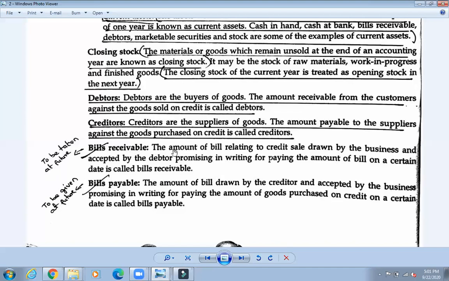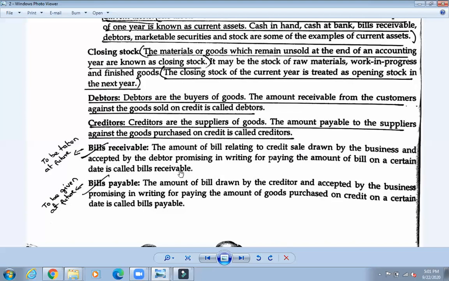Let us learn the meaning of this one. The amount of bill related to credit sale, drawn from the business and accepted by the debtors, promising in writing to pay the amount of the bill on a certain date, is called the bills receivable.